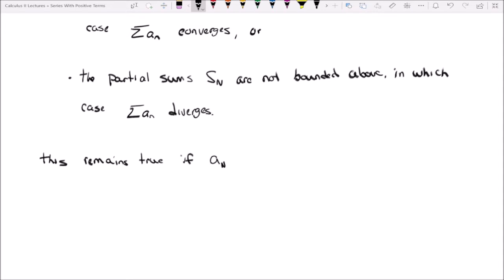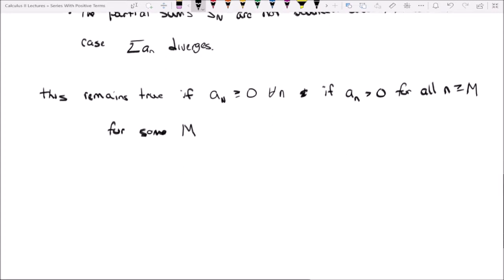Now, notice that this remains true if a sub n is greater than or equal to 0 for all n, and if a sub n is greater than 0 for all n greater than or equal to capital M, for some value M. If we look at the first one, that makes sense. If you add 0, it's not going to change the sum, so adding 0 doesn't change anything.